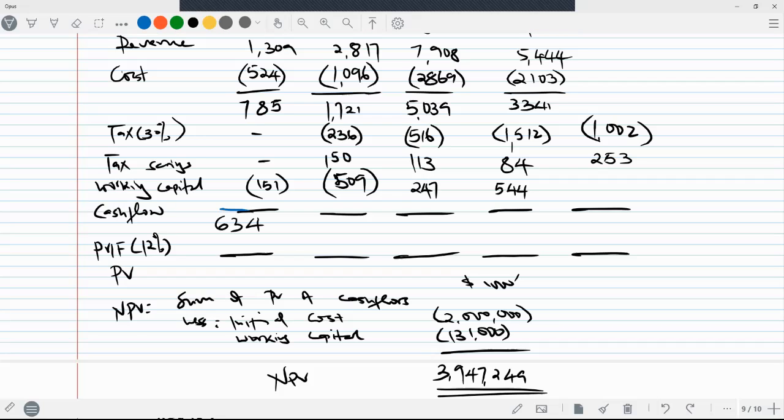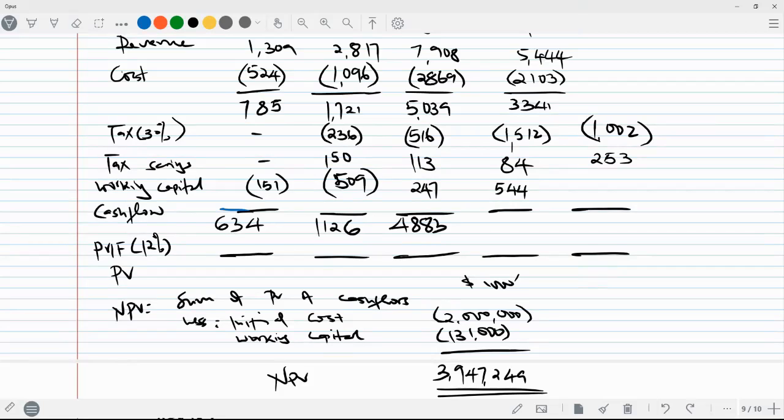Year two, 1126. Year three, 4883. Year four, negative 550.